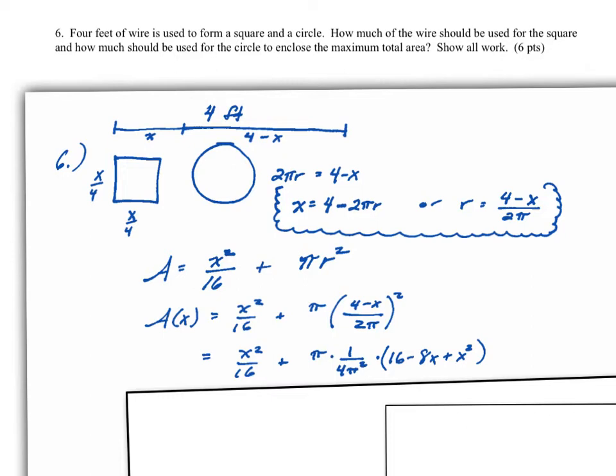Foiling that out, I have 2 pi quantity squared. It's going to square the 2 and the pi. 4 pi squared. Here's one of the pi's is going to cancel out. And then for that numerator, just move it over here to the right. 16 minus 8x plus x squared. That's the expanded perfect square.